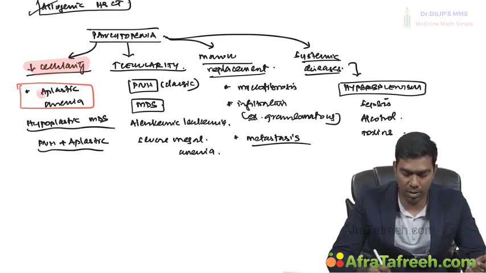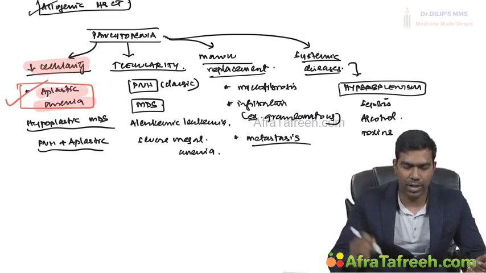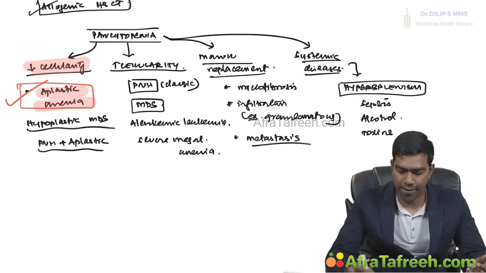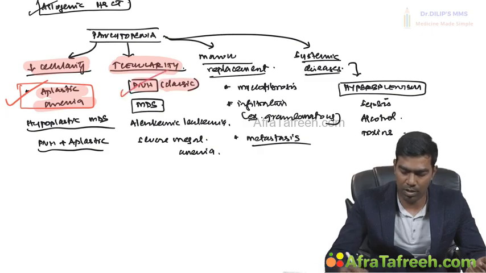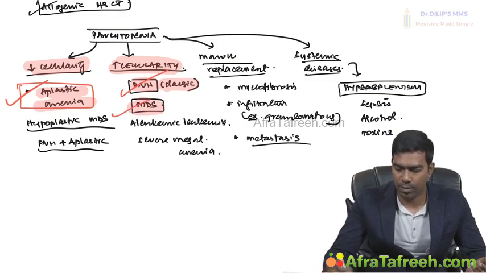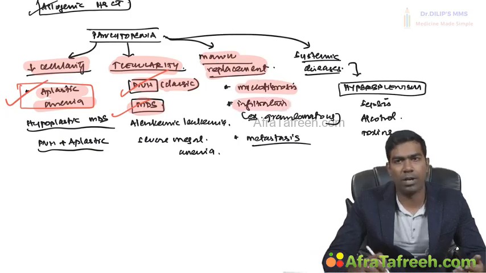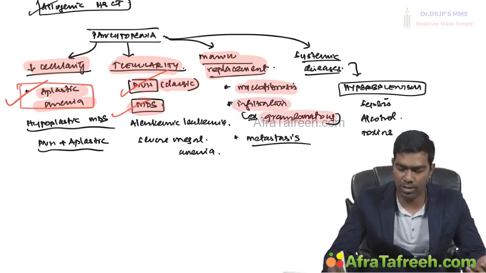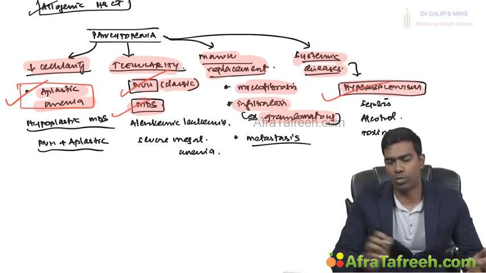Hypocellular marrow with pancytopenia, exam, hit on your head, aplastic anemia. Hypercellular marrow with pancytopenia, exam, typically hit on your head, PNH, and the second one is MDS. Myelophthisis, marrow replacement: myelofibrosis and marrow infiltration, especially granulomatous infiltration. Systemic diseases causing pancytopenia, the answer is hypersplenism, the topmost cause.